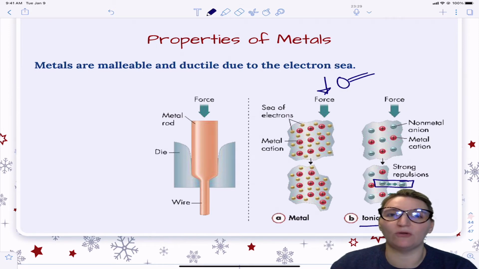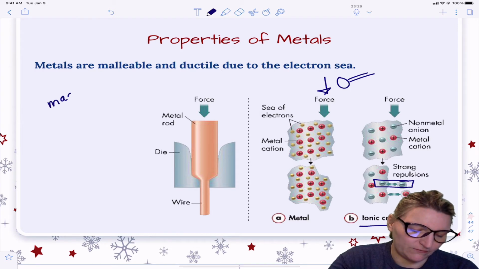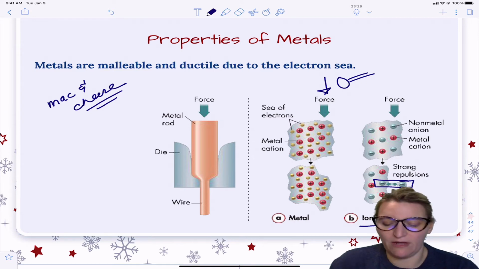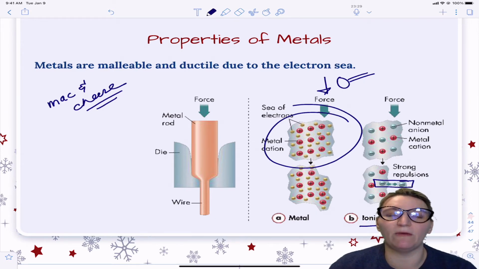One way to understand how this works is think about a particulate diagram of a metal. When you think about what's going on with a metal, think about macaroni and cheese.